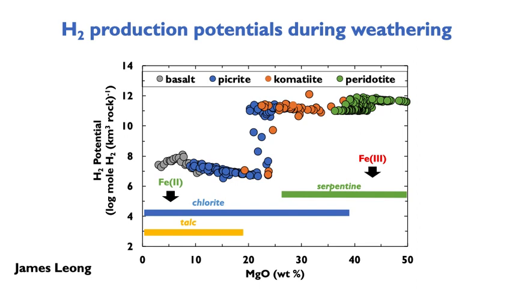Serpentine is progressively replaced by chlorite and talc in the other types of alteration, and those minerals do not hold ferric iron as well, and in fact the ferrous iron, the Fe+2, can move from the primary minerals to the secondary minerals with less oxidation going on. So this explains this offset and this potential of hydrogen production from peridotite and komatiite.